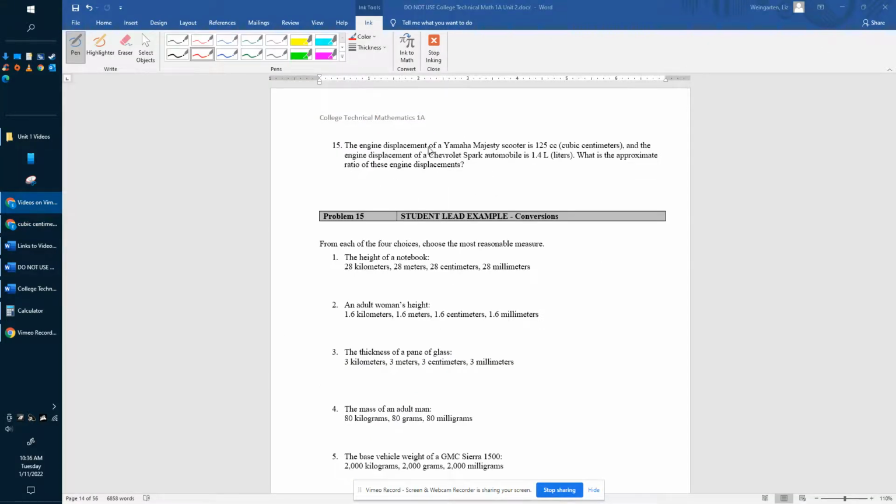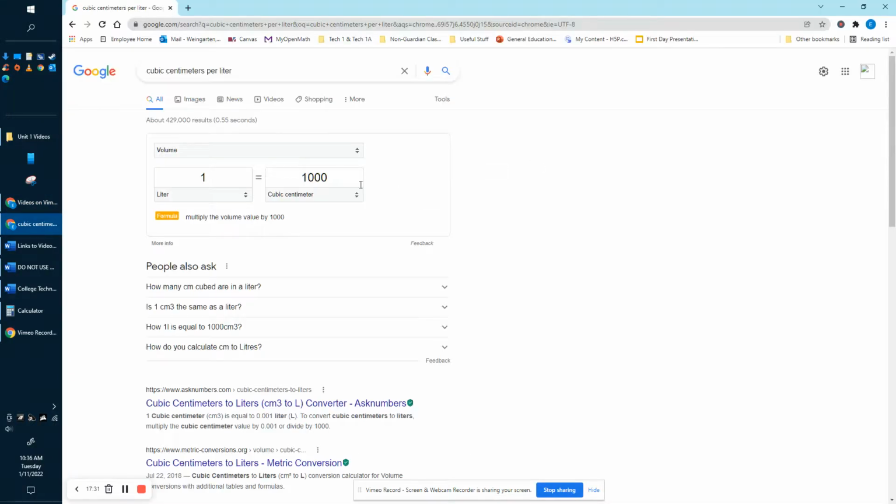So which one do we want to convert? Do we want to convert liters to cubic centimeters or cubic centimeters to liters? It is completely up to you. I think I'm going to convert liters to cubic centimeters, just because I'm not dealing with decimals as much.